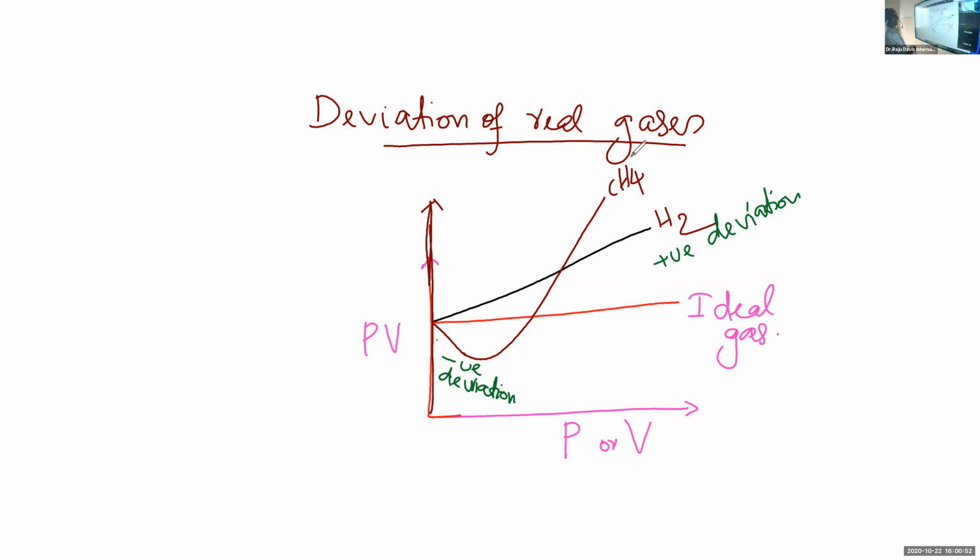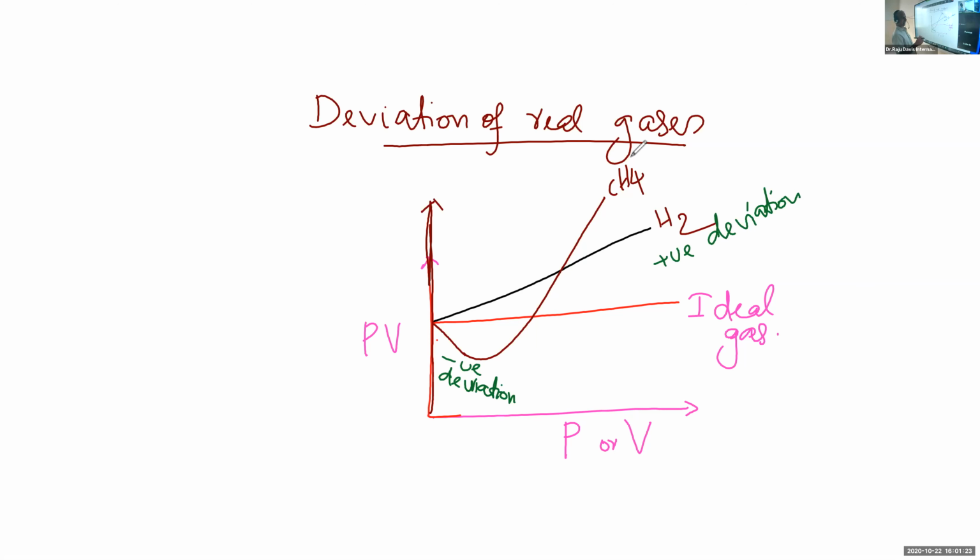So in general, we can see that real gases deviate much from ideal behavior. If the gas behaves as an ideal gas, it should obey Boyle's law, and the PV against P graph should be a straight line parallel to the pressure axis.